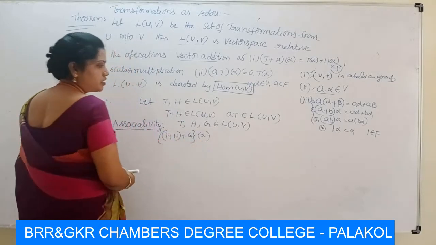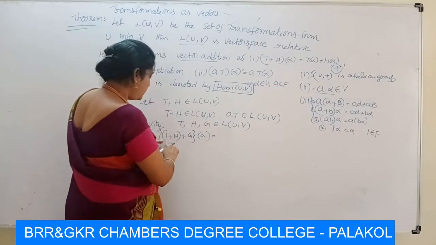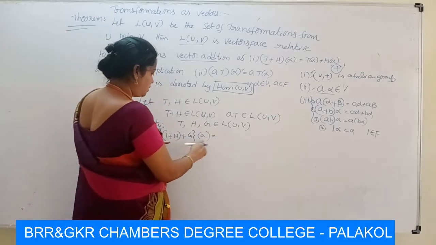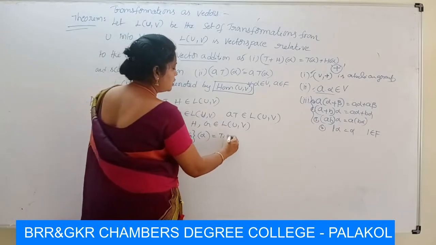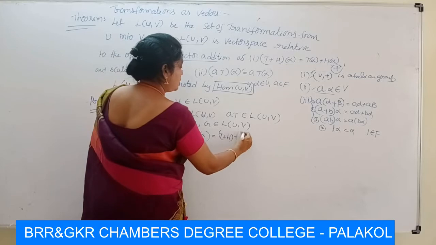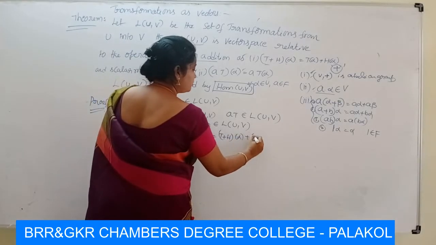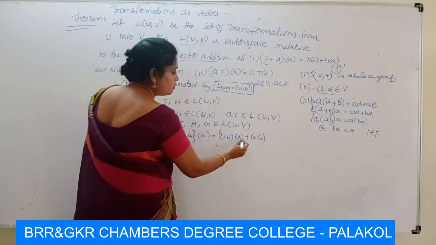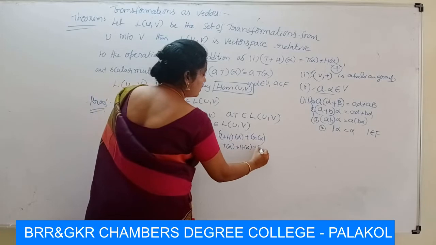Here these are transformations. We take an arbitrary element alpha. So T plus H plus G is equal to sum of the transformation. By the definition of a sum of the transformations, T plus H of alpha plus G of alpha. Again sum of the transformation definition, T of alpha plus H of alpha plus G of alpha.